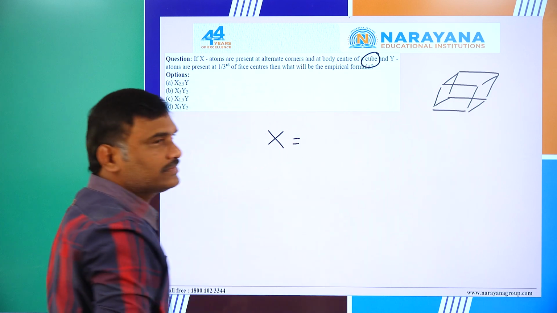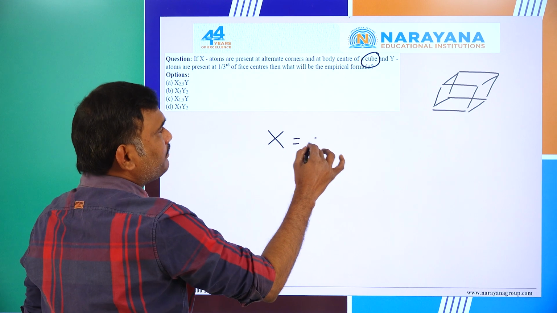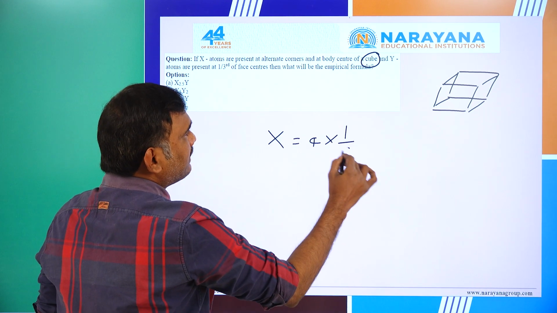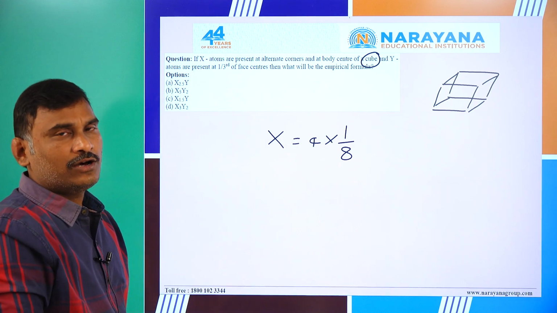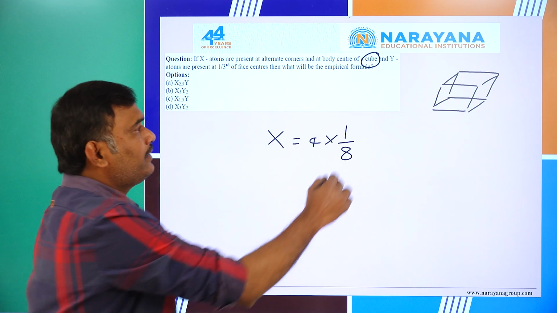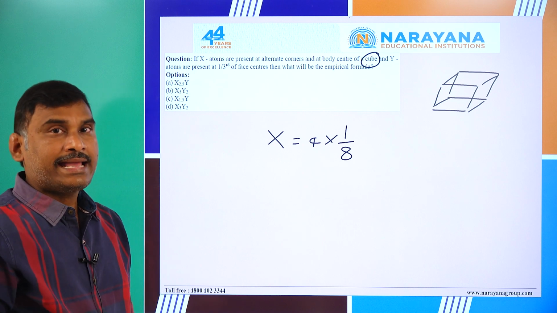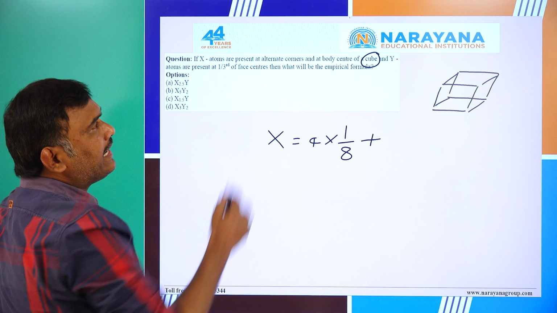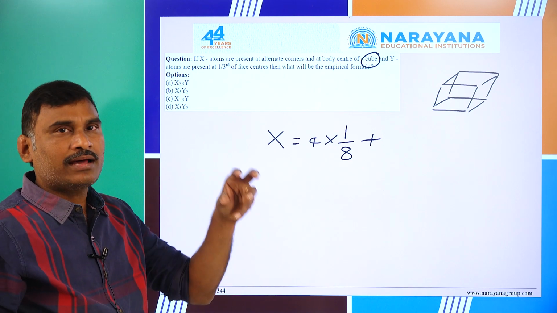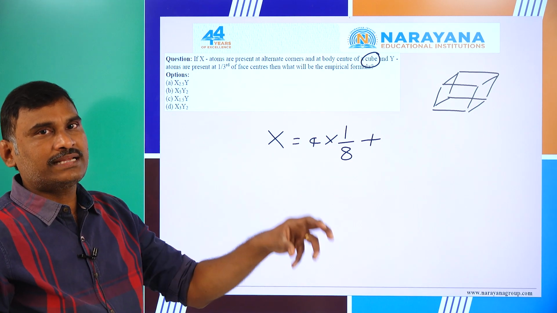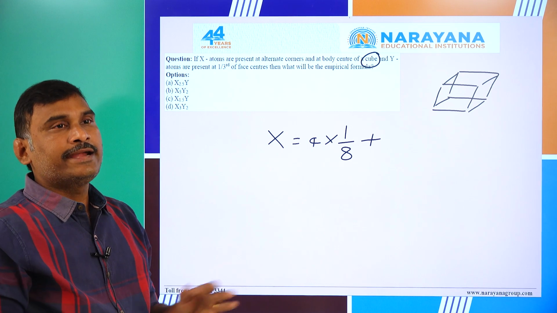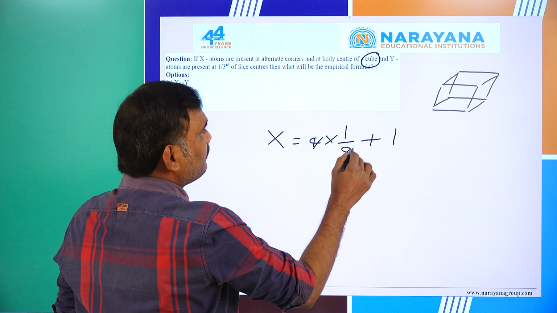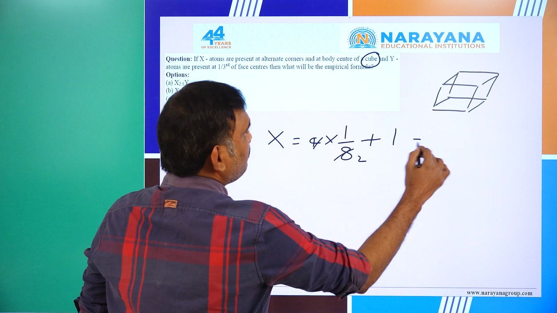This is the cube. Alternate corners means 4 corners only. And what is their contribution? Each corner contributes 1/8 part, because each corner is shared by 8 such unit cells. Plus, whenever an atom, ion or molecule is present at the body center, it wholly belongs to that unit cell itself.